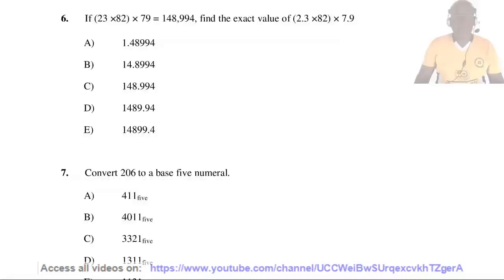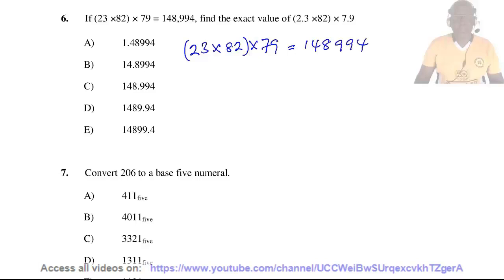Question 6. If 23 times 82 times 79 equals 148,994, find the exact value of 2.3 times 82 times 7.9. We have been given 23 times 82 times 79 to be equal to 148,994.